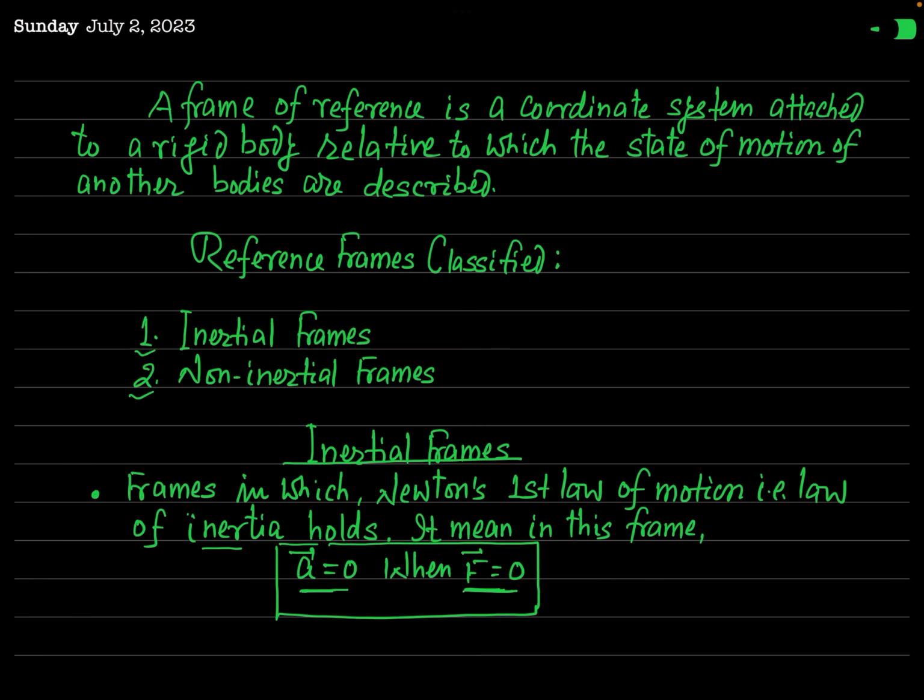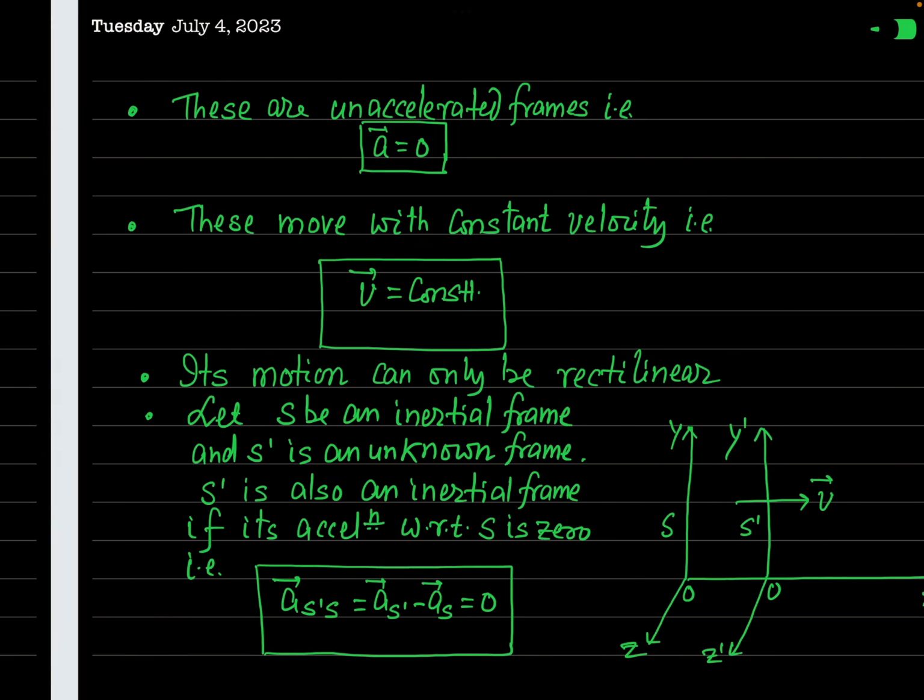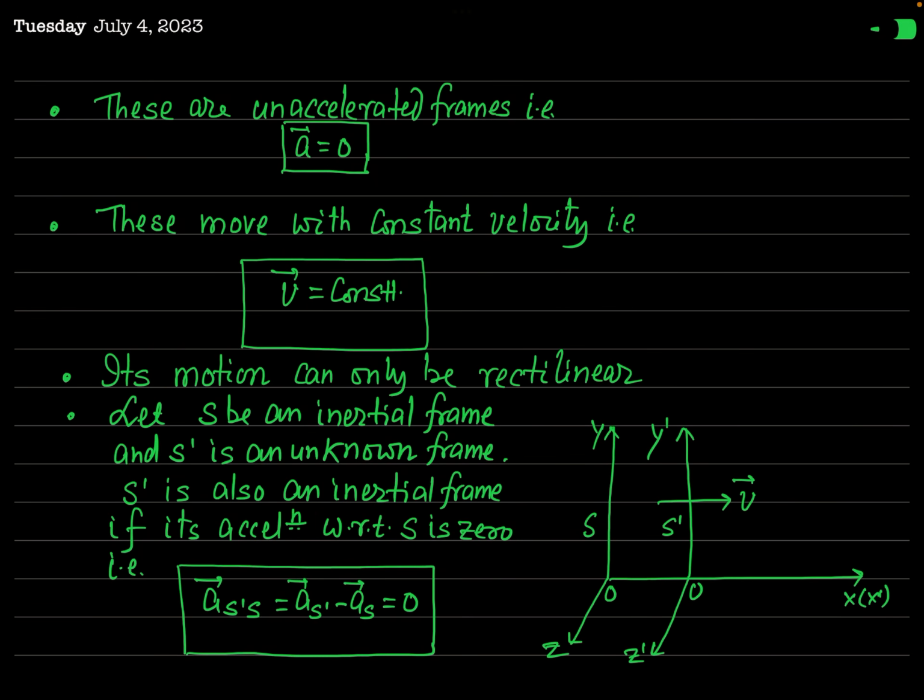Okay, I hope you have understood. Now we will see some of the important properties of this inertial frame. Actually, the acceleration of all inertial frames is zero. So you can simply say that inertial frames are unaccelerated frames.